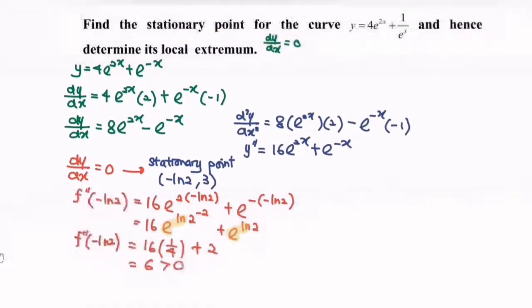So as a conclusion, the point bracket negative ln 2, 3 is a minimum point, because for f double prime negative ln 2 the value is 6, which is greater than 0. So the conclusion is minimum value.